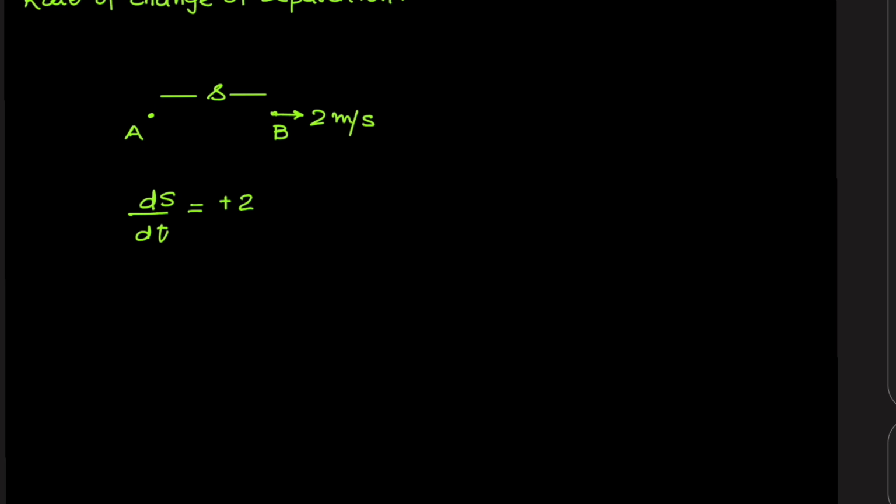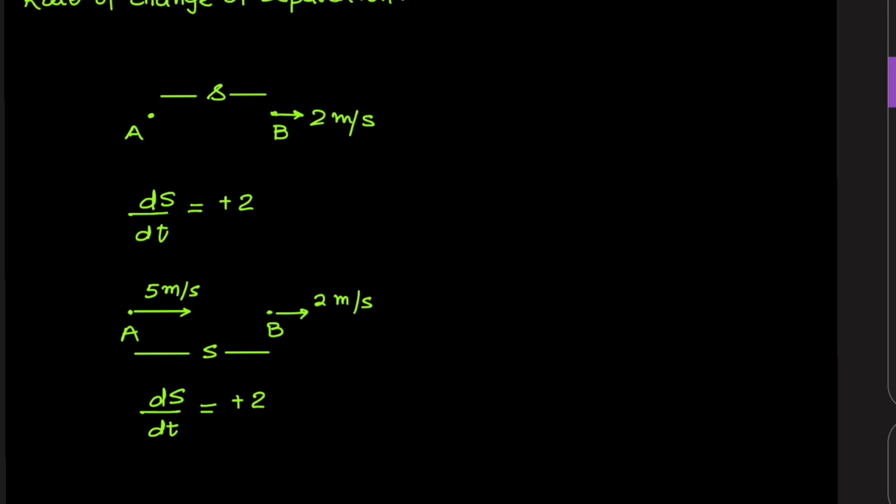Now consider another situation. Now B is again moving with 2 meter per second, as well as A, which is now also moving at 5 meter per second. Now for this separation s, if you consider one by one, its rate of change will be plus 2, because when B moves, separation increases.